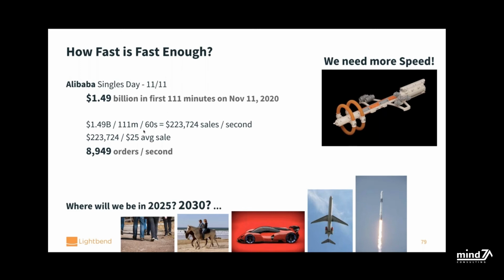Amazing. When I ran a little bit of math on that, that's almost 224,000 in sales per second. And I assumed the average order is around $25. So that still came out to be around 9,000 orders per second.